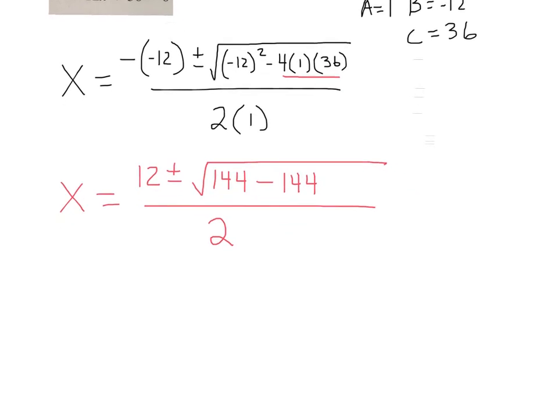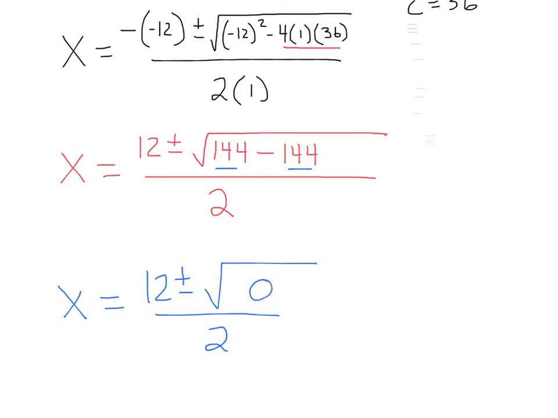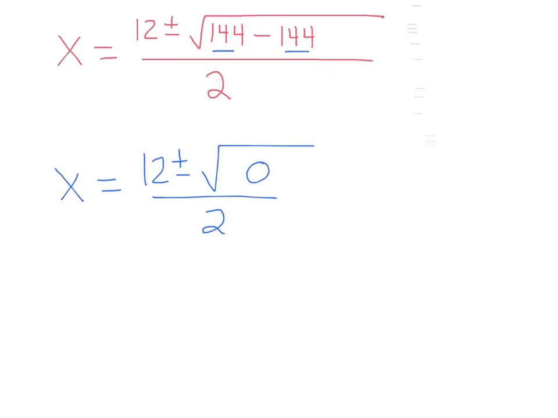Let's keep working to simplify. I've got x equals 12 plus or minus the square root of 144 minus 144, which is 0, all over 2.